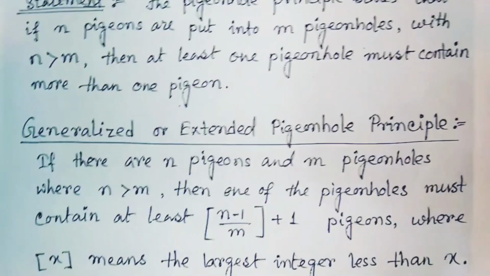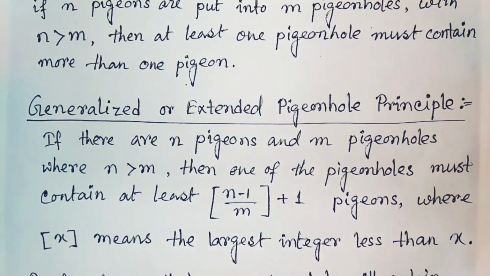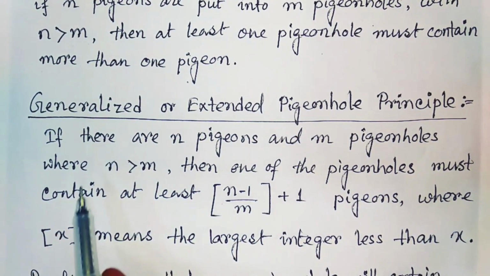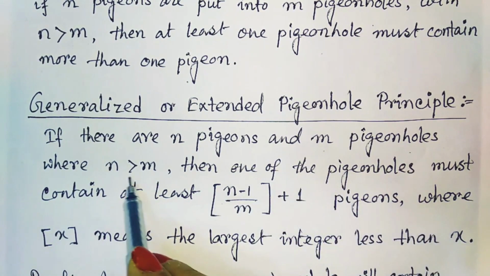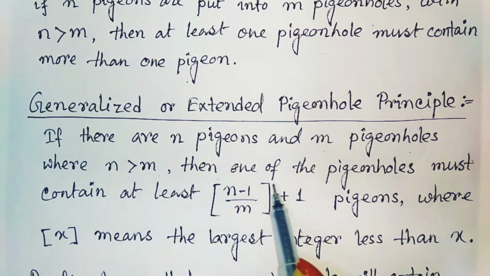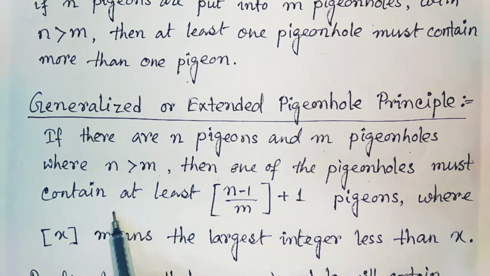Now it is the generalized or extended pigeonhole principle. So if there are n pigeons and m pigeonholes where n is greater than m, then one of the pigeonholes must contain at least floor of (n minus 1) by m, plus 1 pigeons.